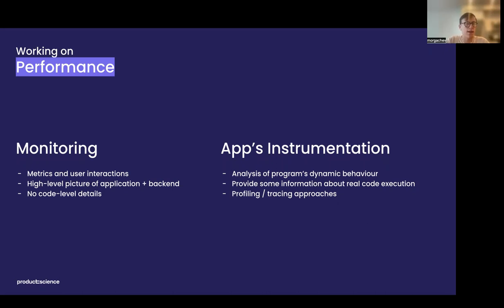So it's about predefined metrics, predefined backend calls, user interactions, and so on. And the second part is app instrumentation. It's already analysis of the program's dynamic behavior, when we are analyzing the executed code itself, the executed methods, and executed lines of code.